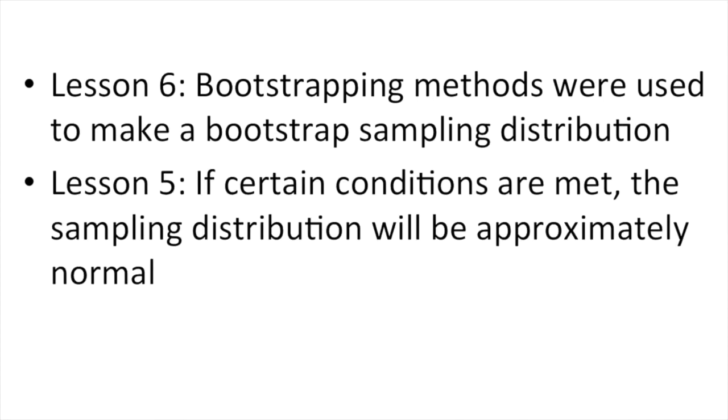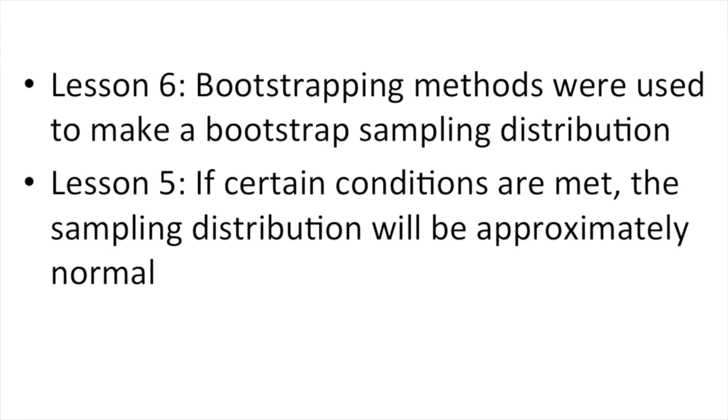The week before that, in Lesson 5, you learned that if certain conditions are met, the sampling distribution will be approximately normal. Recall, for proportions, if n times p and n times 1 minus p are both at least 10, then the sampling distribution will be approximately normal with a mean of p and a standard deviation of the square root of p times 1 minus p divided by n.